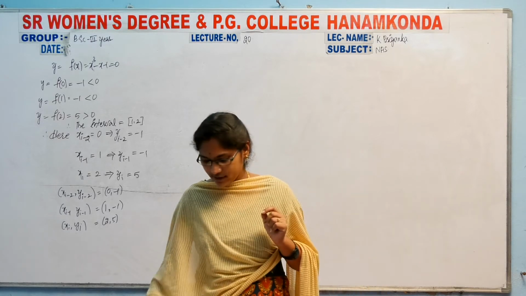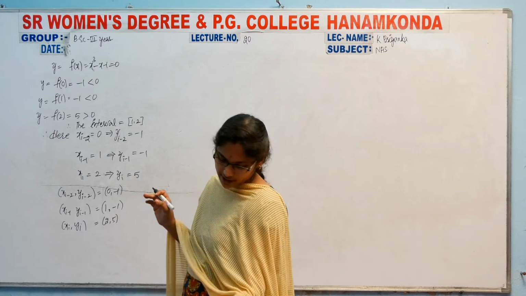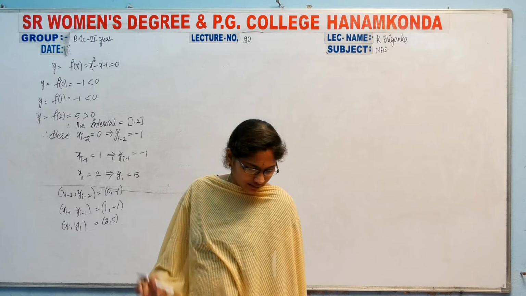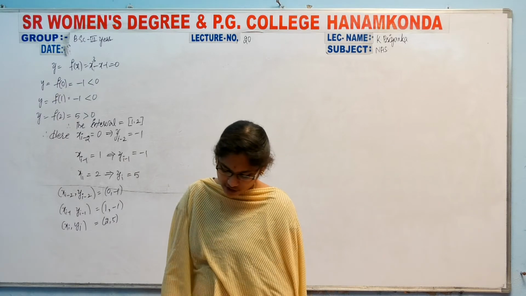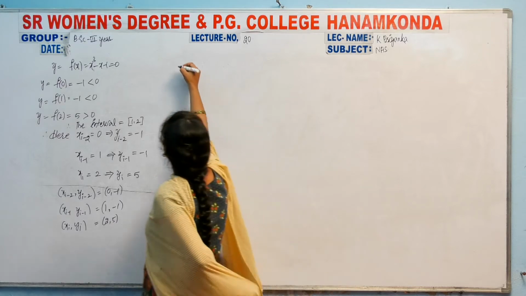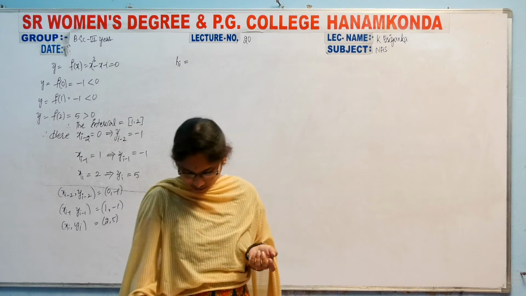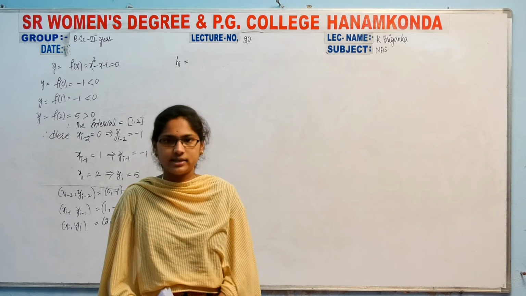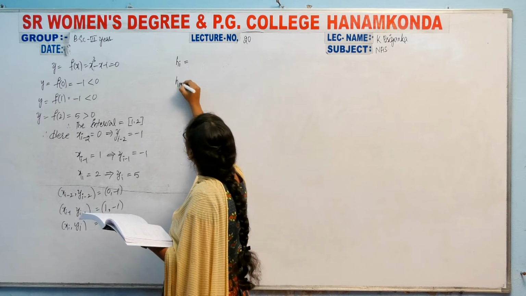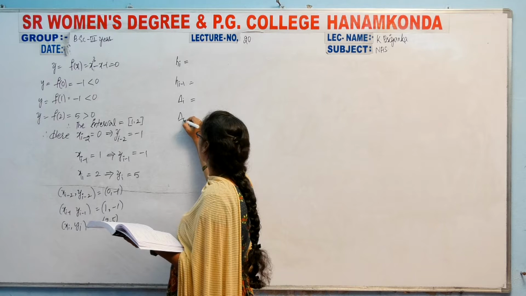Next what I have to calculate, first of all, is hi minus 1, delta I and delta I minus 1, all those values.